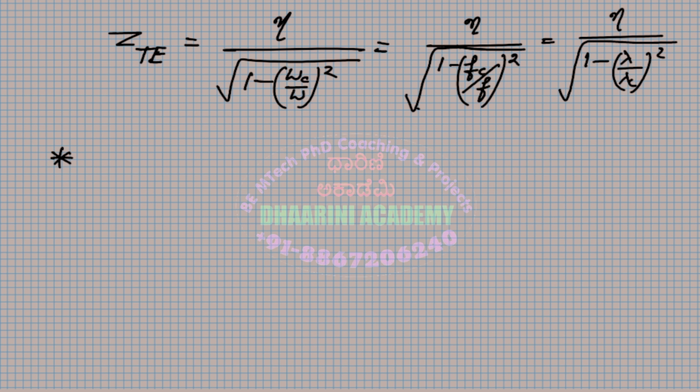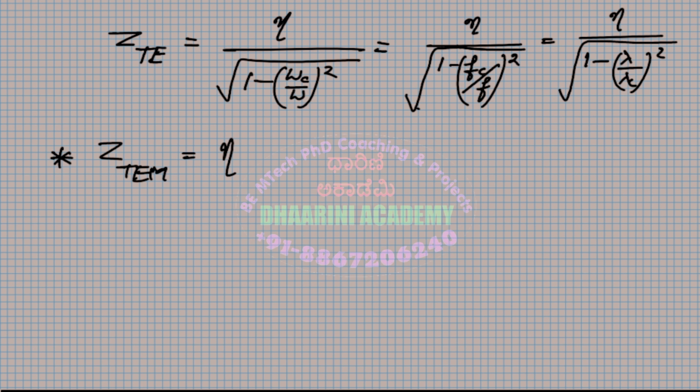We never studied TE, TM or any other hybrid modes. We assume that everything is TEM. So ZTEM will not change. ZTEM will be the eta value of the medium itself. For a transverse electromagnetic wave, the wave impedance is the intrinsic impedance itself. But for ZTE and ZTM, the intrinsic impedance changes to give the wave impedance. Are you okay?